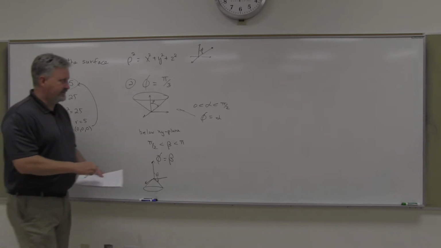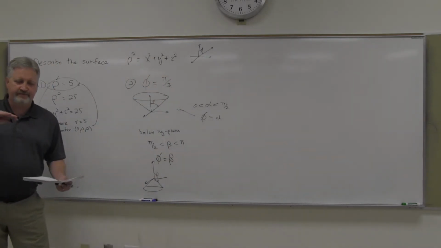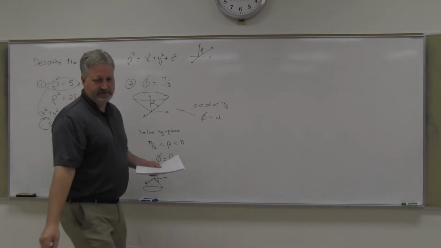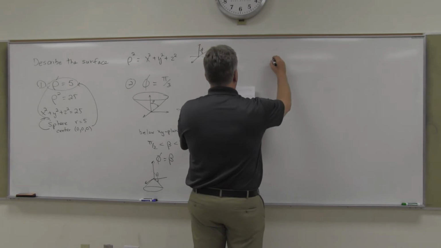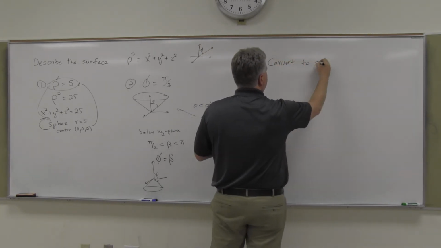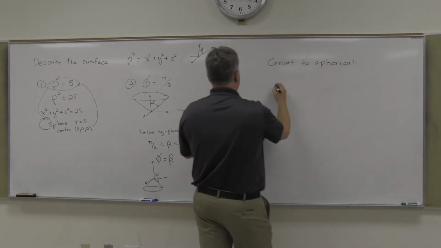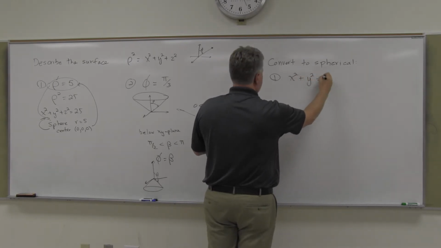Now, some equations going from Cartesian equation to spherical equation. That's what I'm going to do next. Number one, x squared plus y squared equals 4.